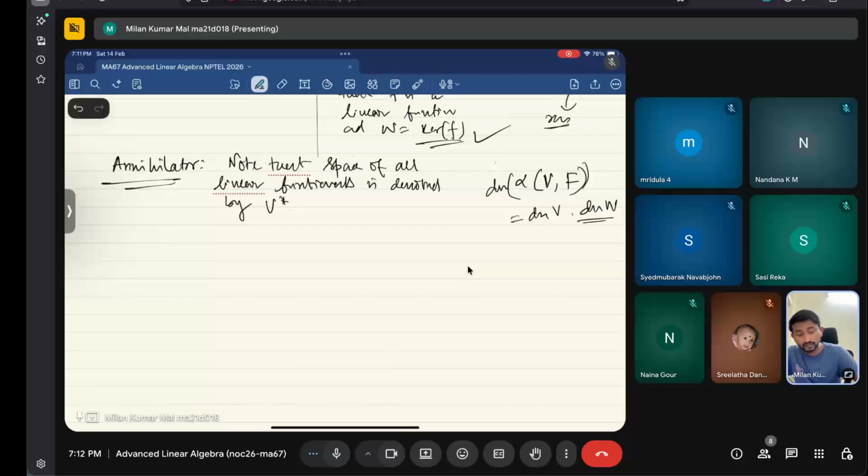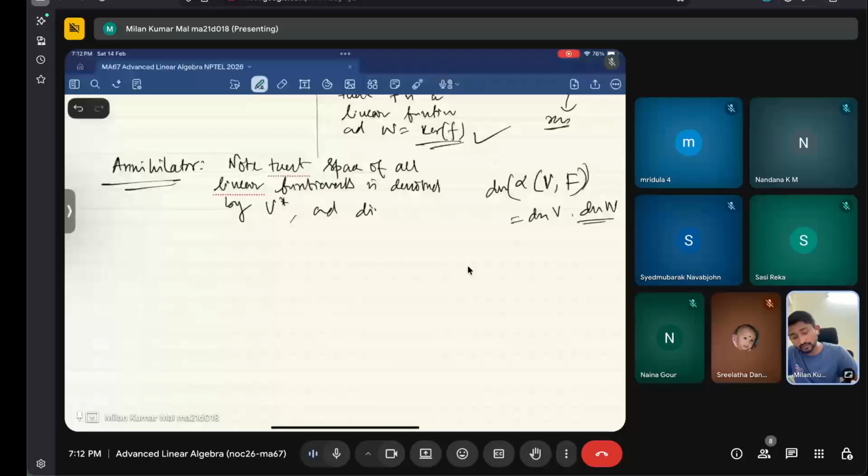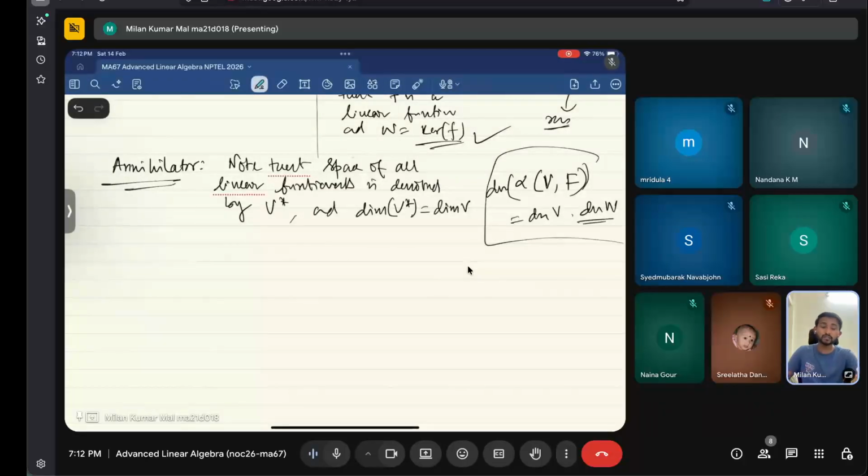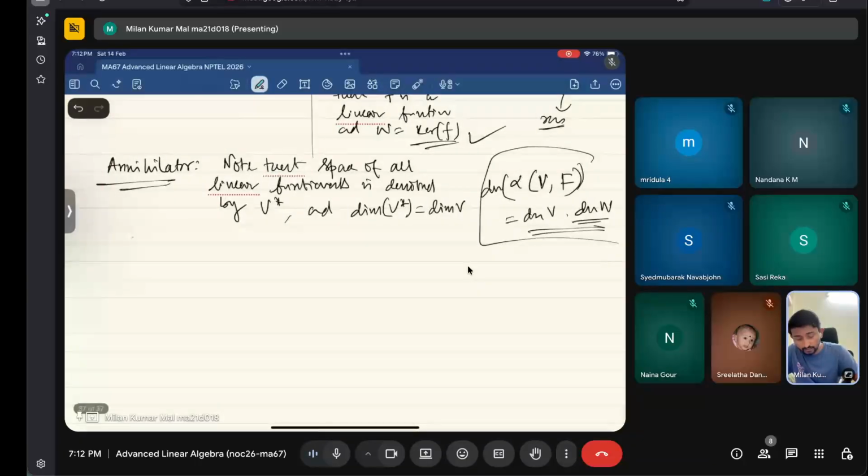This is called the dual space, and the dimension of V star is the same as the dimension of V, because the dimension of W is 1 here. Another fact is that V star is all linear functionals f from V to the underlying field such that f is linear. This is V star, the set of all linear functionals.